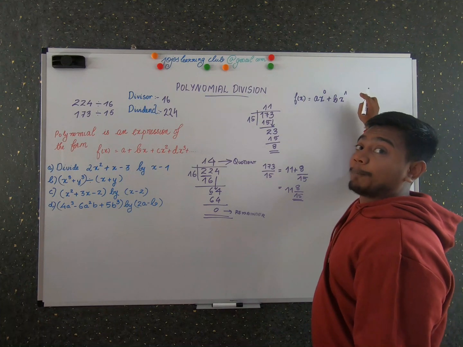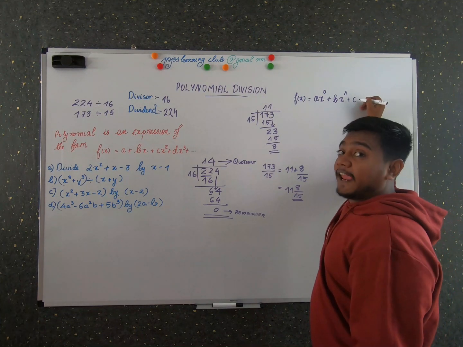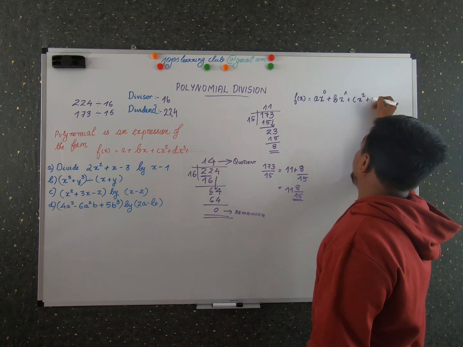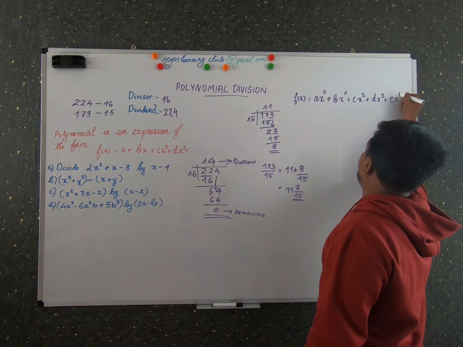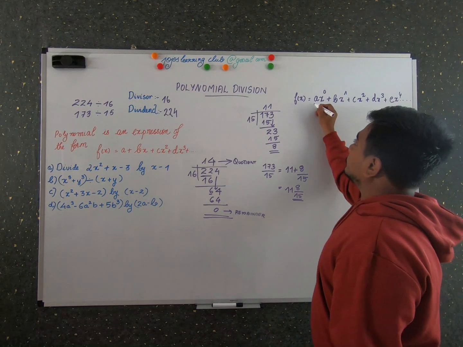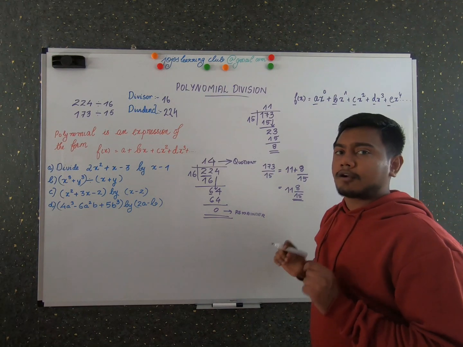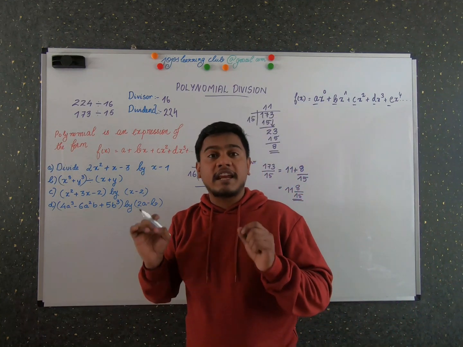The power of x goes on increasing, and a, b, c, d are all constants. So cx square, dx cube, the next term would be ex raised to 4, like that. So a, b, c, d, e are the constants. What do I mean by constants? That is, you can't change that value.